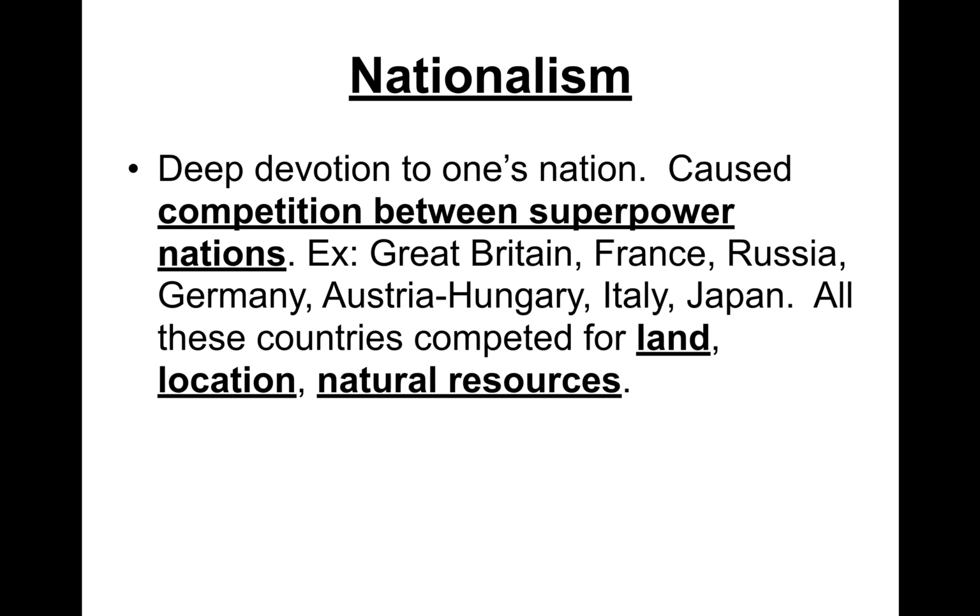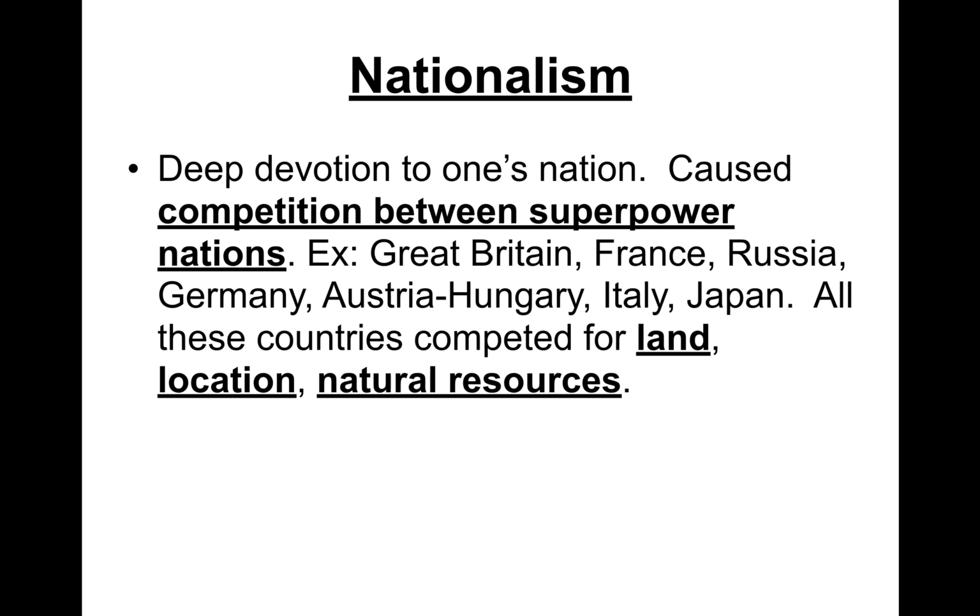But nationalism is going to cause a huge competition between European nations. We talked about this before with imperialism and colonialism in Africa, the scramble for Africa. You have all these European nations trying to get as much land as they possibly can in Africa because the more land your country has, the more power your country has, the better off you are, the stronger you are.